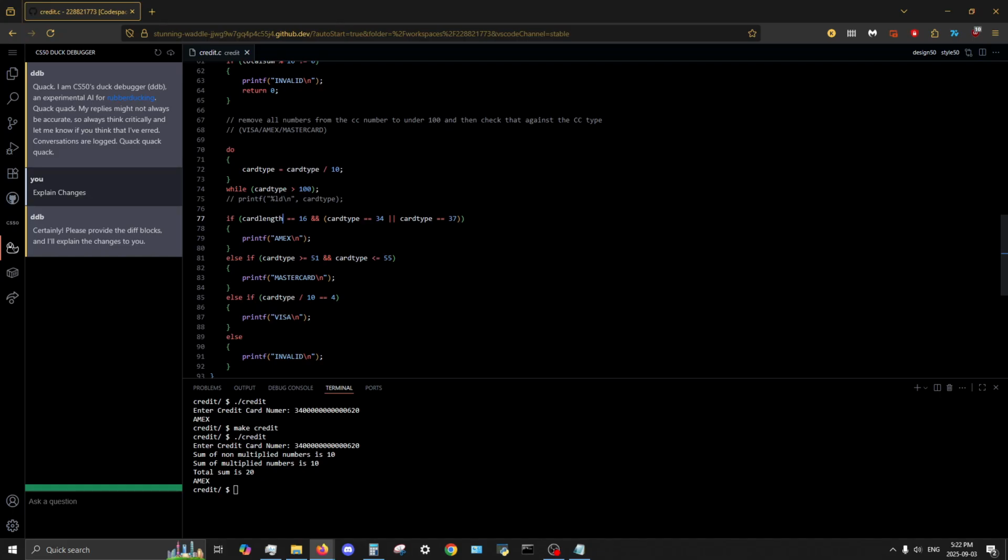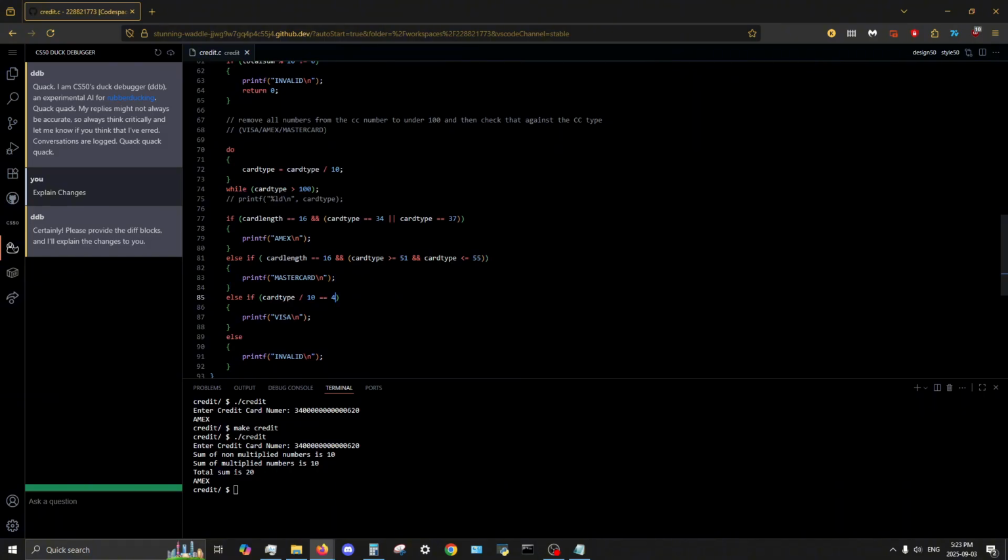Else if card length is equal to MasterCard, which is 16, and card type.